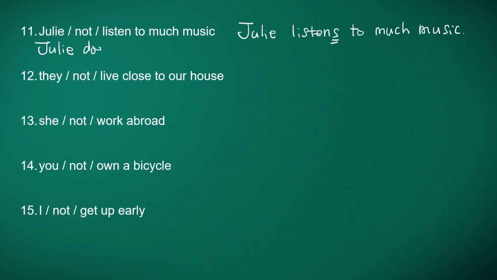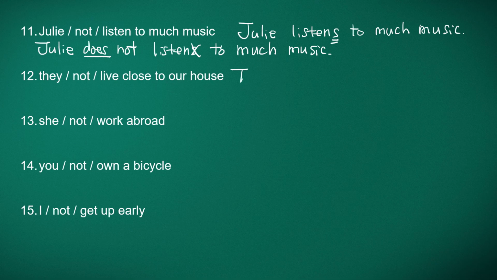We need does not. And then listen, L-I-S-T-E-N. So since we have does, we don't need an S here. Julie does not listen to much music. Too much music, M-U-S-I-C.